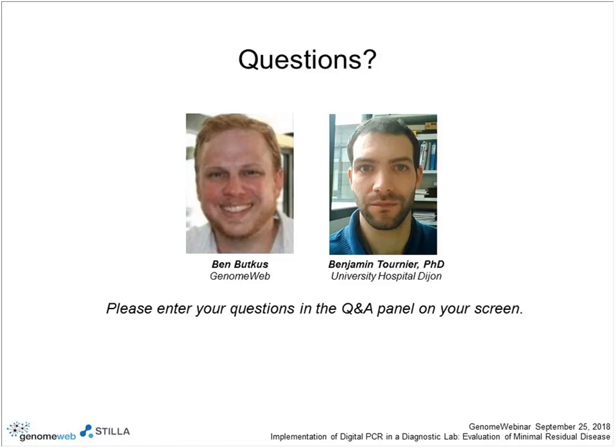Thank you. The next question. Have you confirmed positive results using next-generation sequencing? Yes and no. Sometimes, most of the times it's the opposite. We use digital PCR to confirm a variant that we detect in NGS, because for now we do not have the same sensitivity.